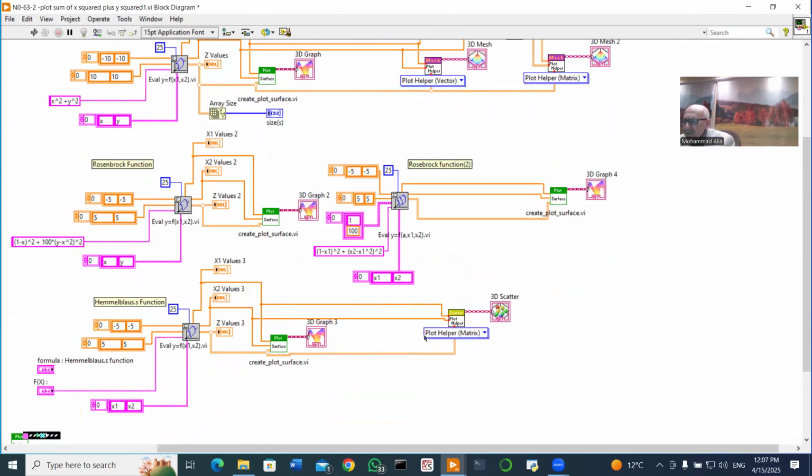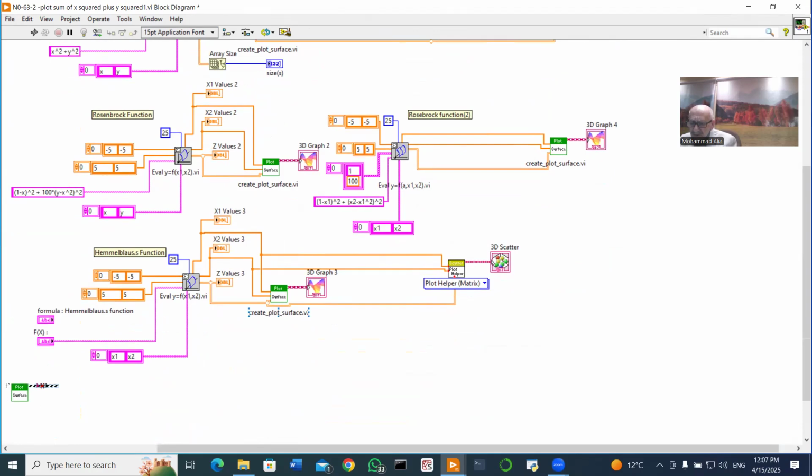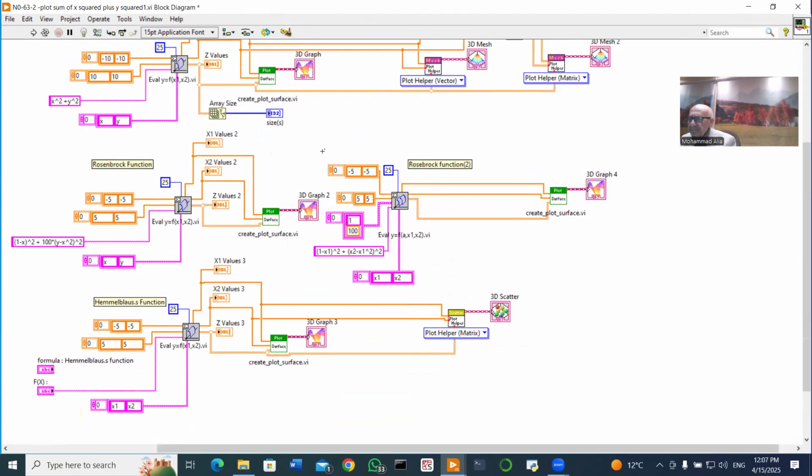Show the error. Here it is. Because when I plotted the grid at the front panel and the terminal was shown here, this display was disconnected. So now I need to cancel it. Now everything is okay.